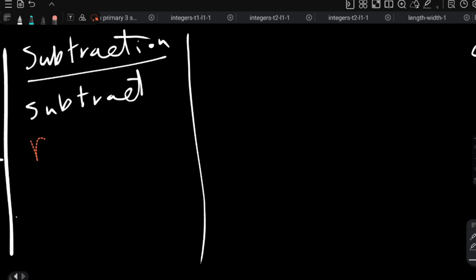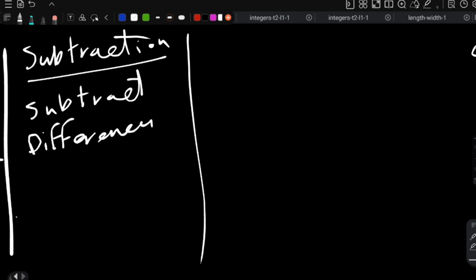The word difference also. If I asked you to find the difference between how many eggs you have and how many eggs I have, or the coloring pencils that I have and you have, if I told you that I have 10 and you have 5, find the difference between us. You will subtract these two to find the difference: how much I have more than you. This is the meaning of difference.